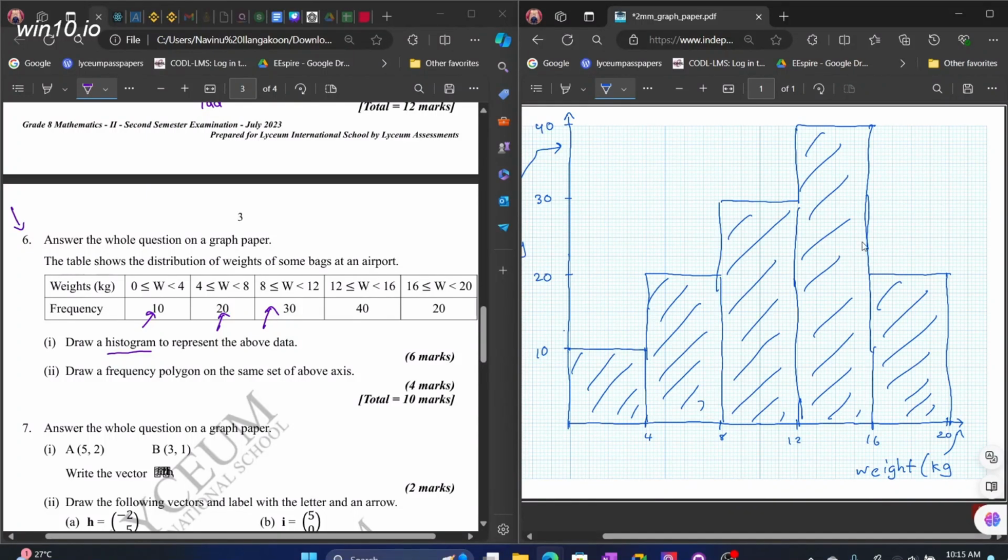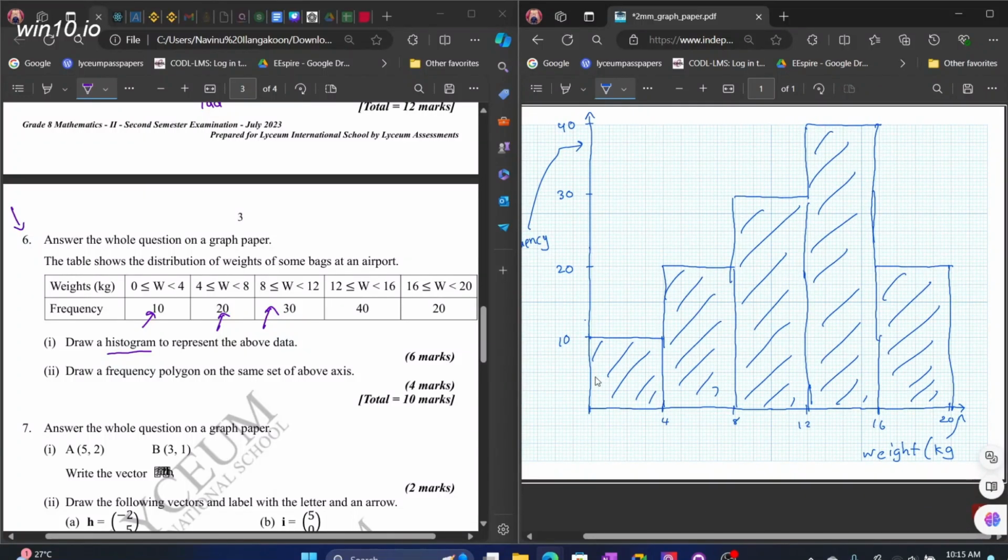Then we have to find the frequency polygon. Before drawing the frequency polygon, it's better to expand this a little bit. So you can get half of a column and mark it here. So this would be similar to -2.